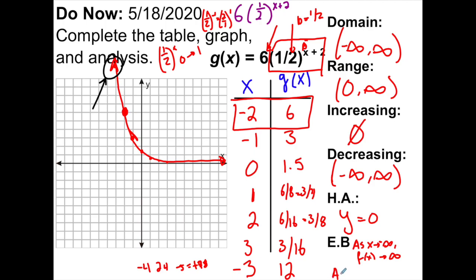And then on the other hand, as x goes to positive infinity, f of x is getting really close to 0. Not equal to 0, but so close that eventually your calculator is going to say, you know what, it's 0. Think about it.